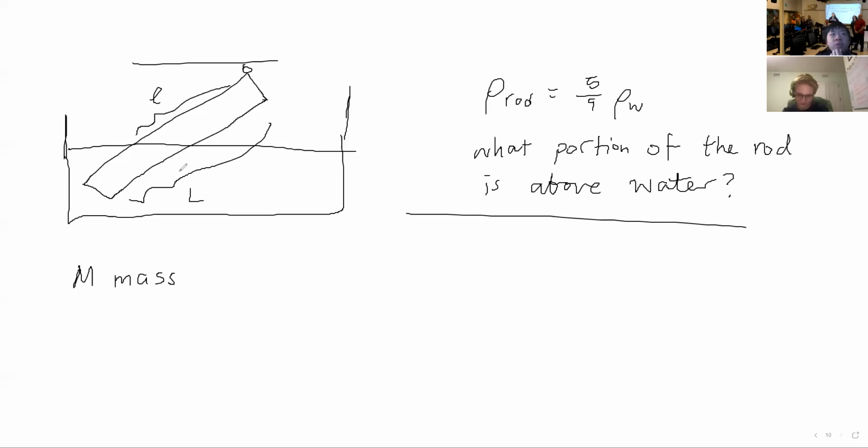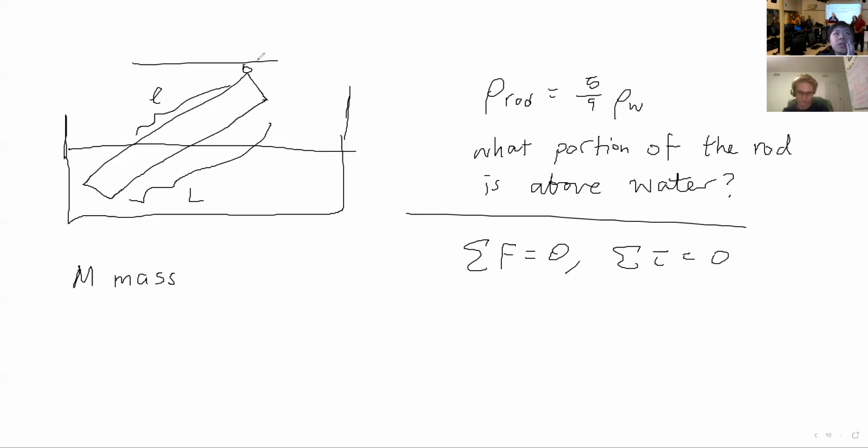The way we're going to do this is because this is in a static context, which means that the rod is in equilibrium, it's not moving. Then this is essentially just a statics problem where the sum of F is equal to 0 and the sum of torques is equal to 0.